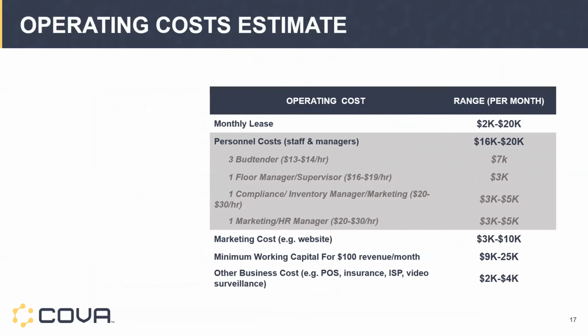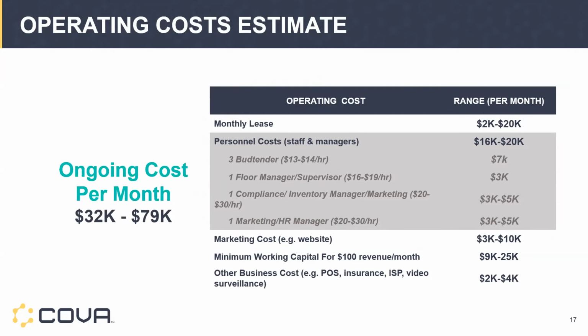And again, we looked at an average size dispensary. We found at Cova that almost 65% of our stores use 3 workstations, or they have 3 point of sale terminals is a good way to think about it. So we built this model and looked at the costs based on that average store. In places like Oklahoma, where you might have a tiny store in a tiny little part of town or even a crossroad, you don't need this much staffing and you don't need this much expenditure.